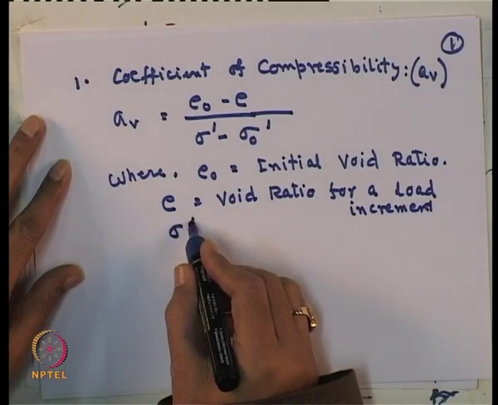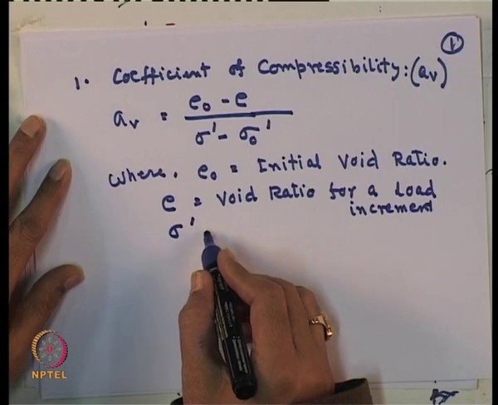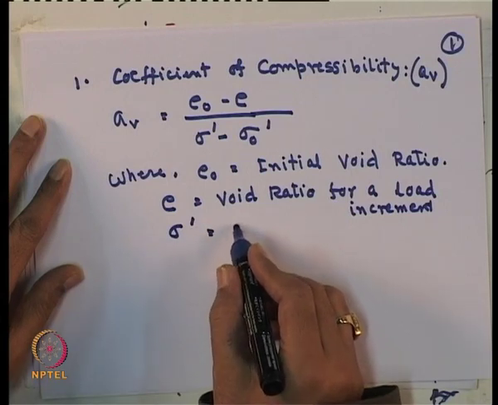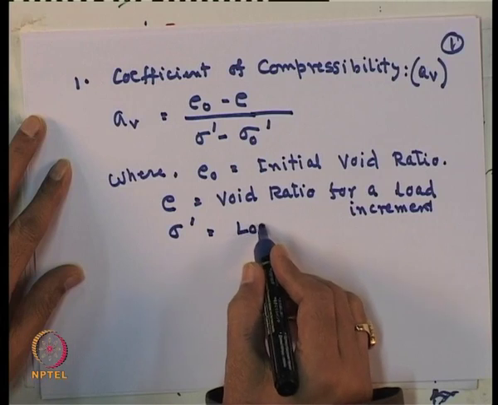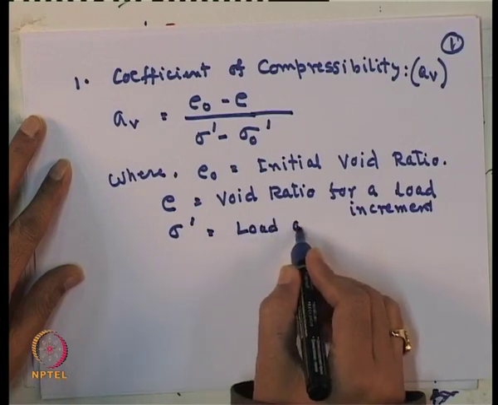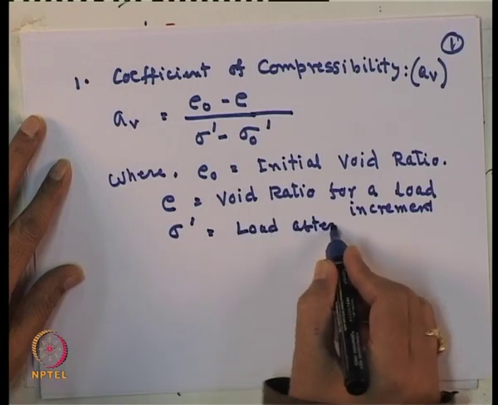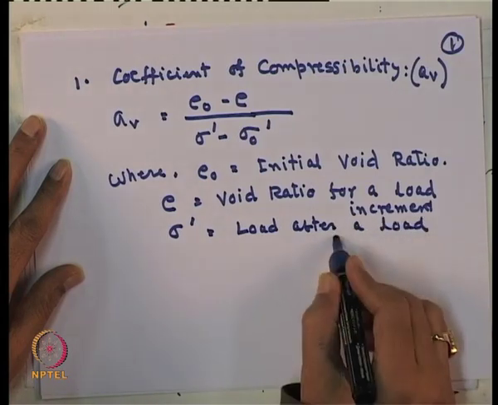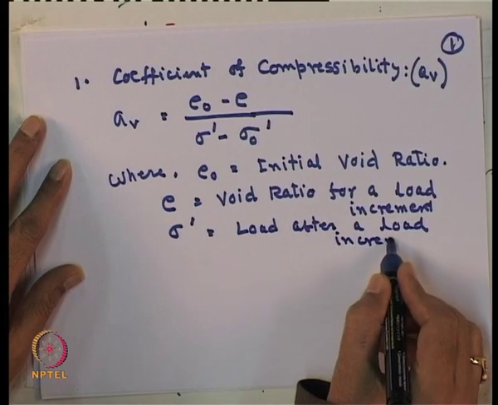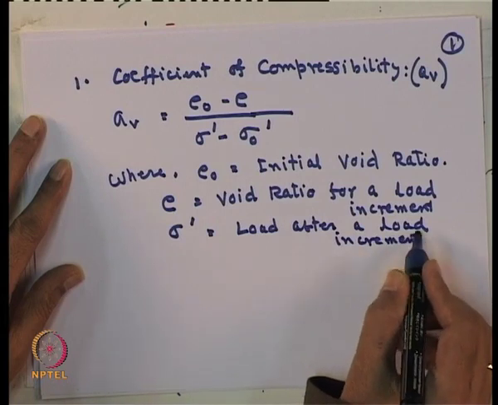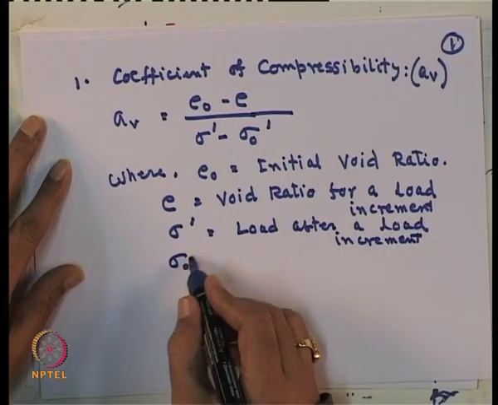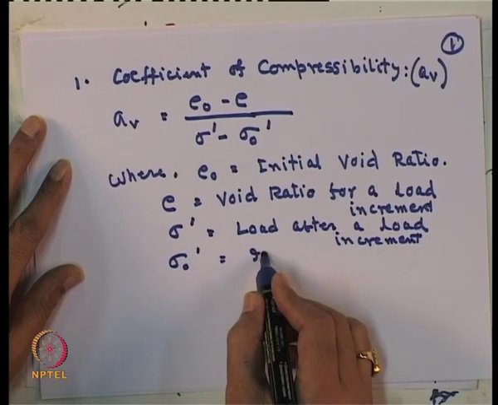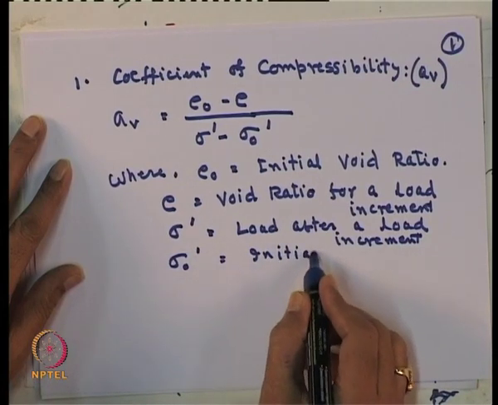and sigma dash is equal to the load after a load increment, and sigma 0 dash is the initial load.